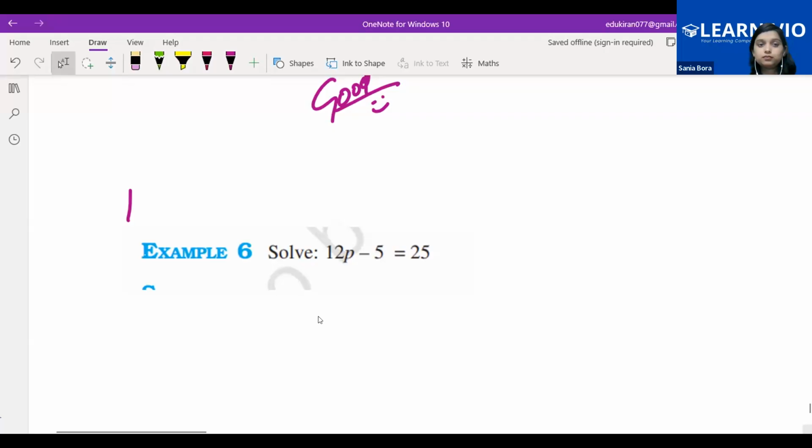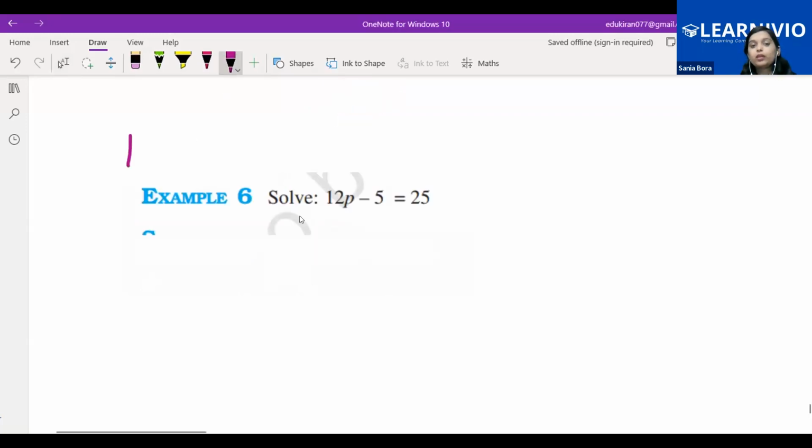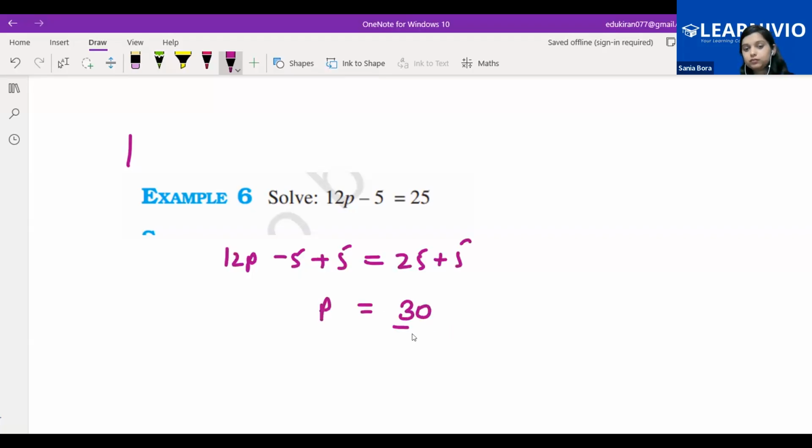Ma'am, the answer is 10 by 4. Okay, let's see. Okay, so 12p, you add 5, right? 30.